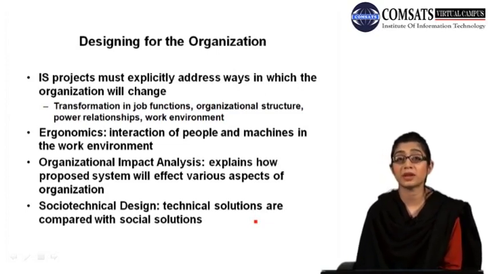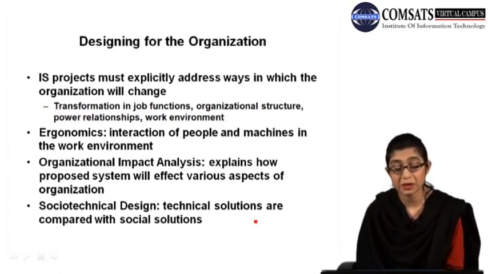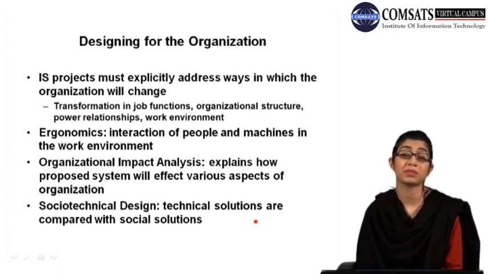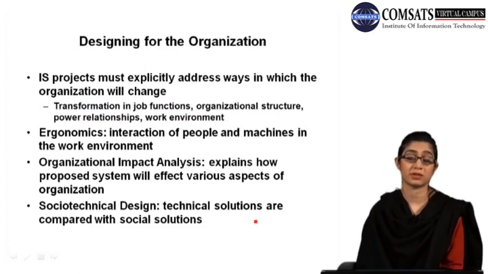So this is again a very important point here, जो कि हमने chapter 2 में भी पढ़ा था, that information systems is not only about technical work, it's not only about hardware and software, it's about the people involved in using that system as well.